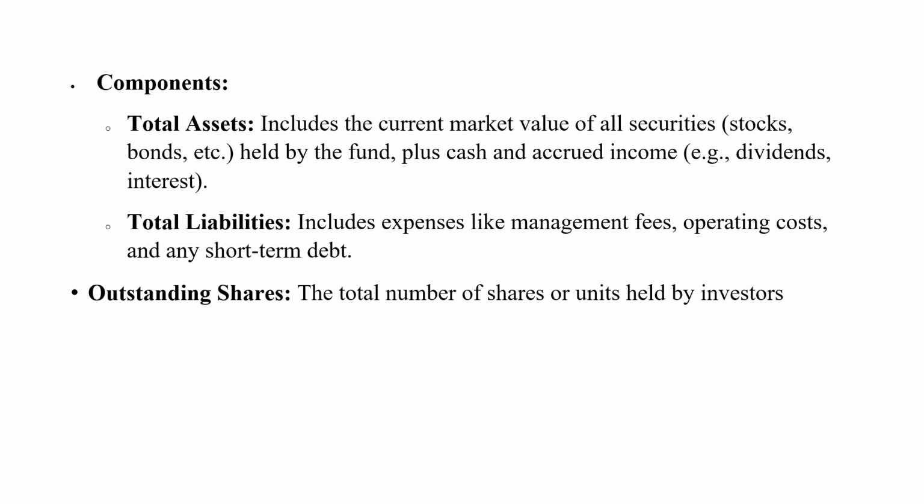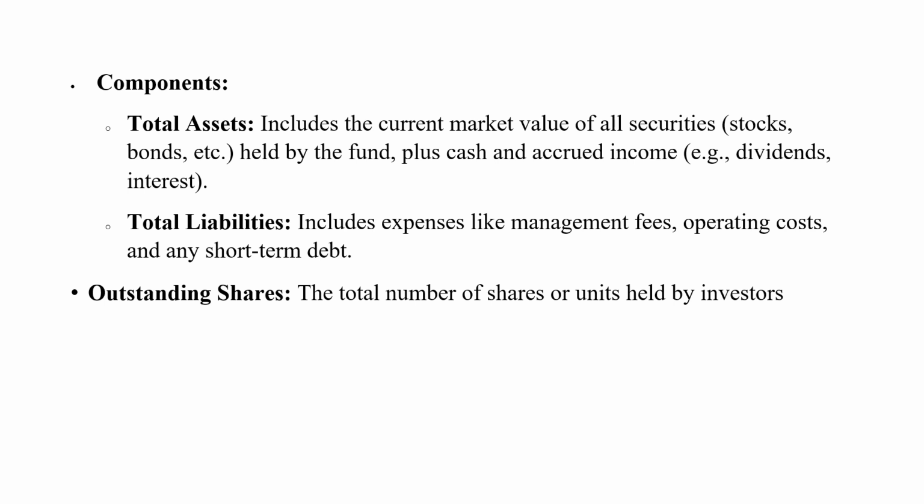Then we need to identify how it can be considered, and how it can be addressed when it comes to calculation of NAV. So I repeat again, I have given one example about the components of NAV: asset minus liability, divided by outstanding shares.